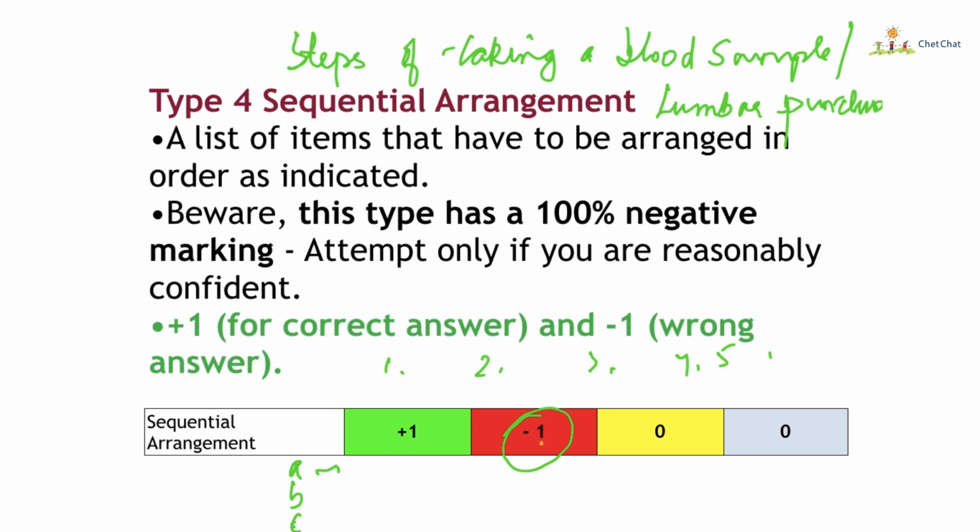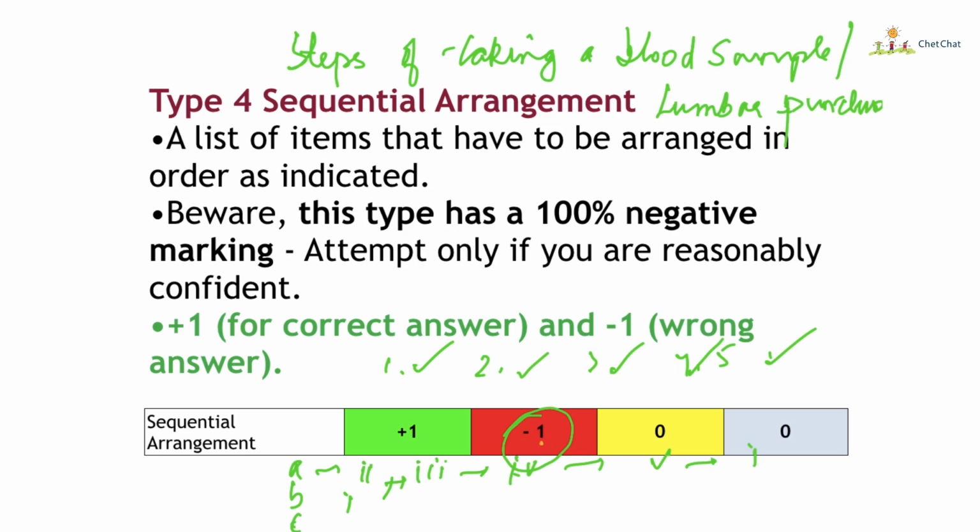Since again in this there is only 1 +1 and 1 -1, each step might not be counted as separate. So if there are 5 statements, say collect, take consent, prepare the needle syringes, go clean the site, take sample, put it in the sample bottle and send it with the correct form. They may be jumbled and then you will have different sequences as options and you have to pick one.